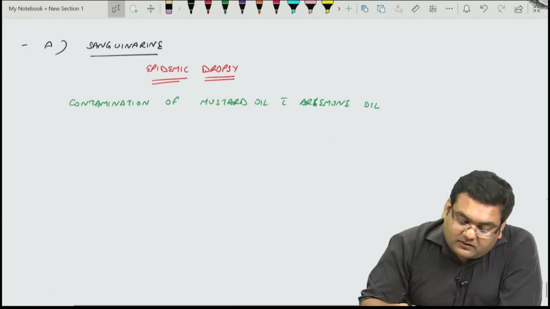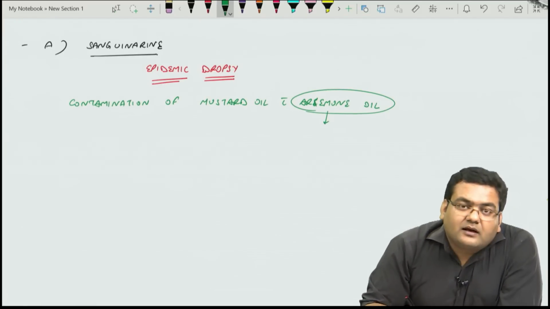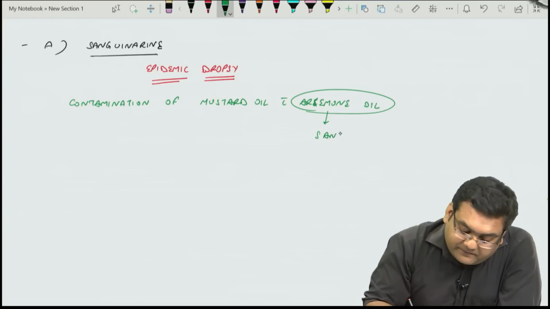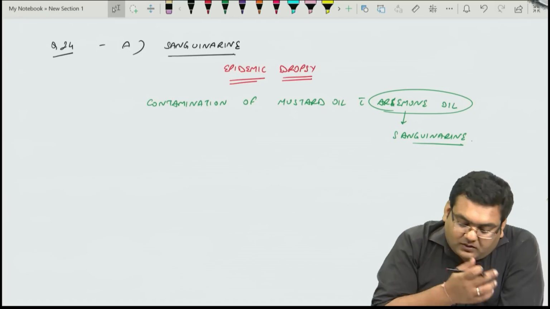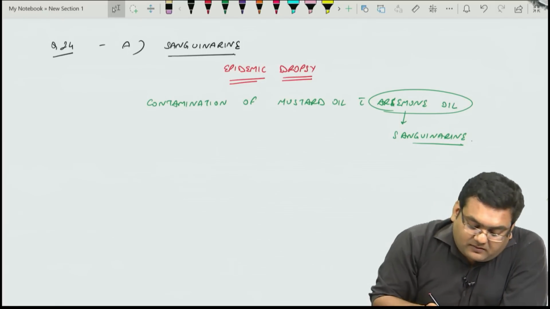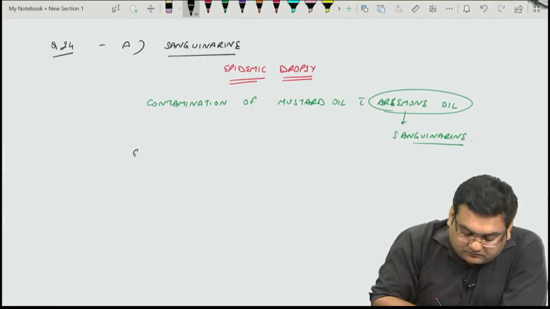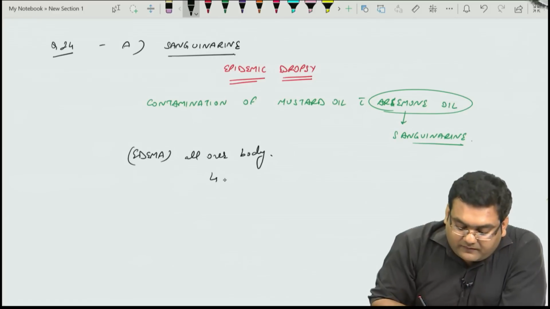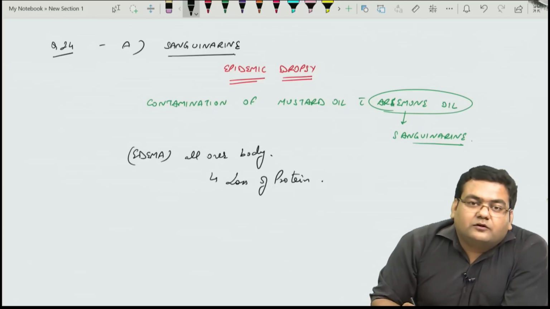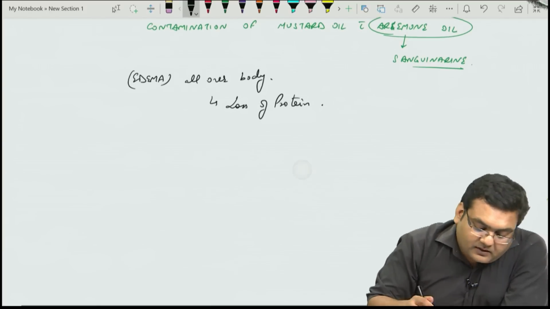And the toxin seen in argemone oil is sanguinarine. Now what are the features? Massive edema. Edema of the whole body is seen. Why? Because of loss of protein from the body in urine.